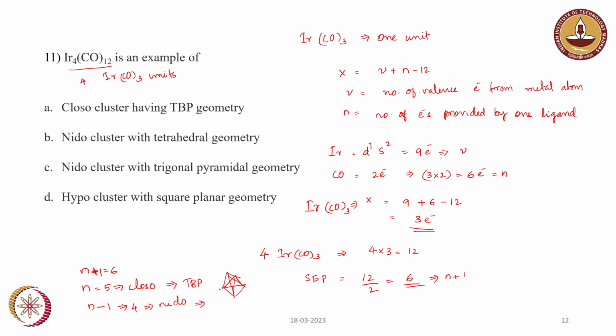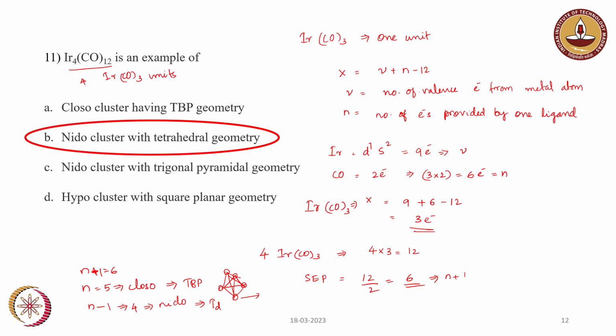So if these are the vertices of TBP, one will be removed. So that will be tetrahedral remaining. So n equal to 4 will be nido, and it will have tetrahedral geometry. So option B is the answer.